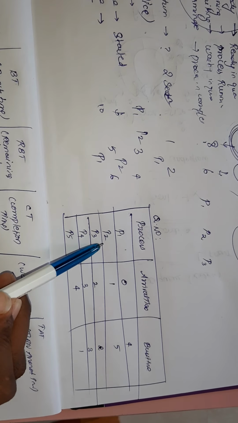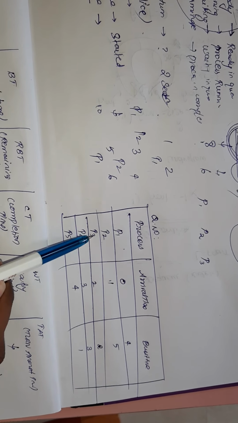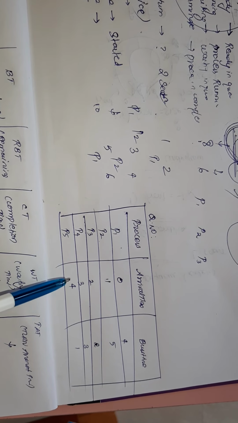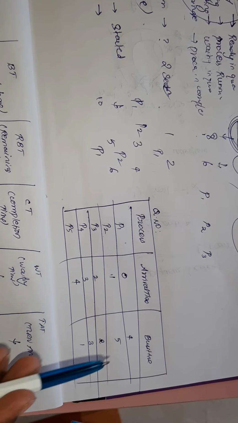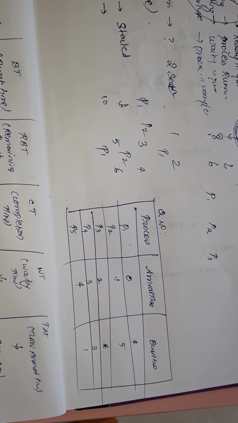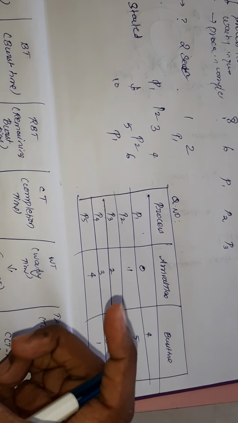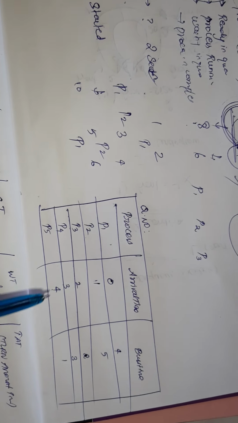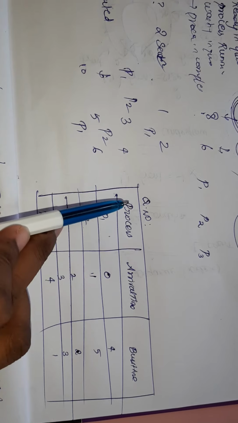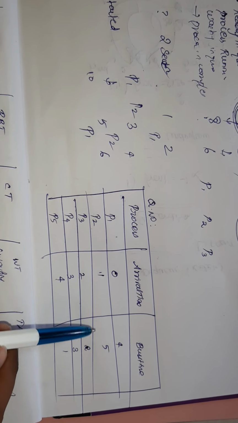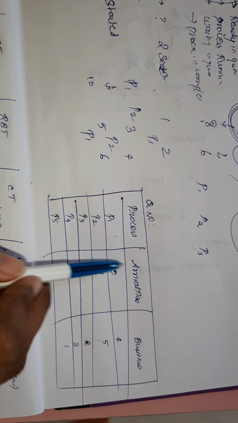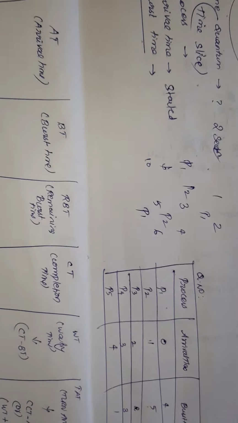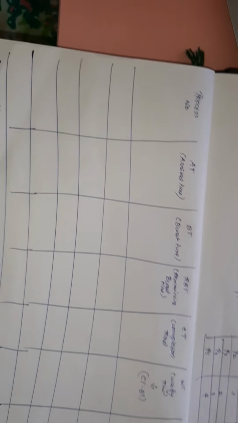P2 starts at the 1st second, P3 at the 2nd, P4 at the 3rd, P5 at the 4th second. While process 1 is running, immediately after a second, process 2 gives a request from the user. This is how arrival time and burst time work. Process 1 needs 4 seconds, process 2 needs 5 seconds, like that I am giving how much time each needs. So how do we solve this, ma'am?